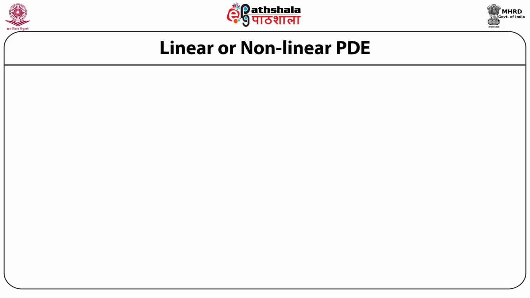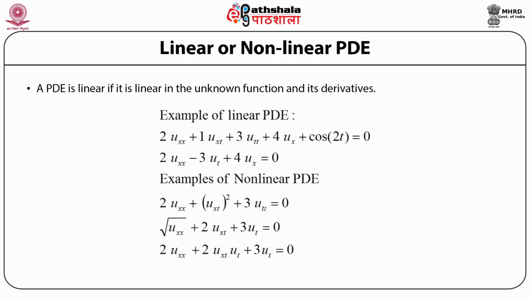We are going to see the difference between linear and non-linear partial differential equations. As we saw in ordinary differential equations, if two derivatives don't get multiplied, then it's a linear term.